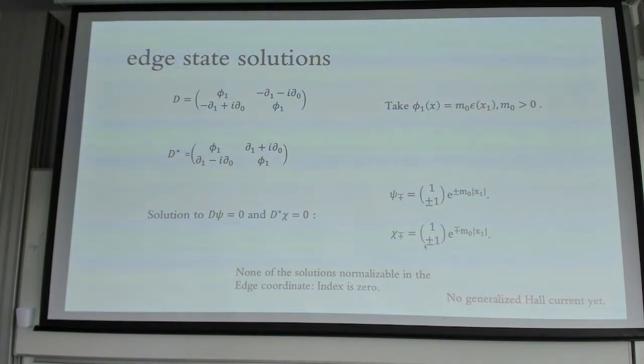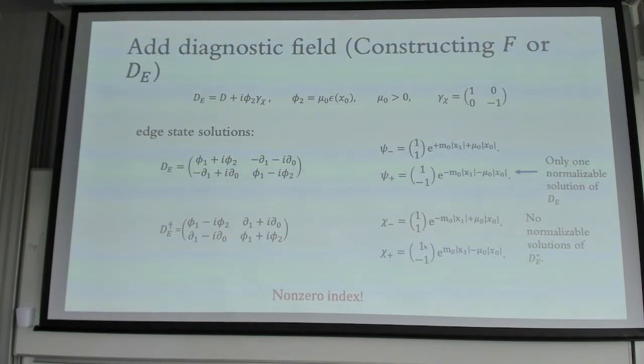Okay. But now I'm turning on my background field, and the background field that I turn on looks like this. Again, when I'm dealing with one Majorana fermion, this background field does not exist in my original theory.